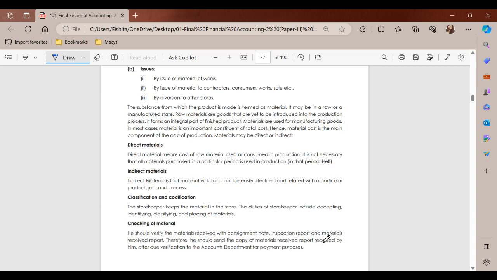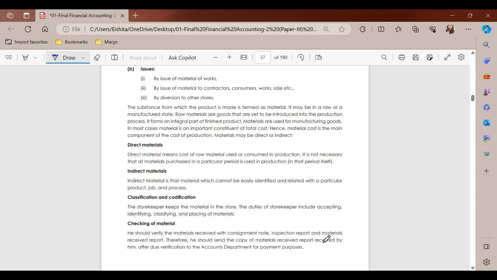So what you can see, what you can witness, is the direct material. Direct material means the cost of raw material used or consumed in the production. It is not necessary that all material you purchase in a particular period is used in the production.